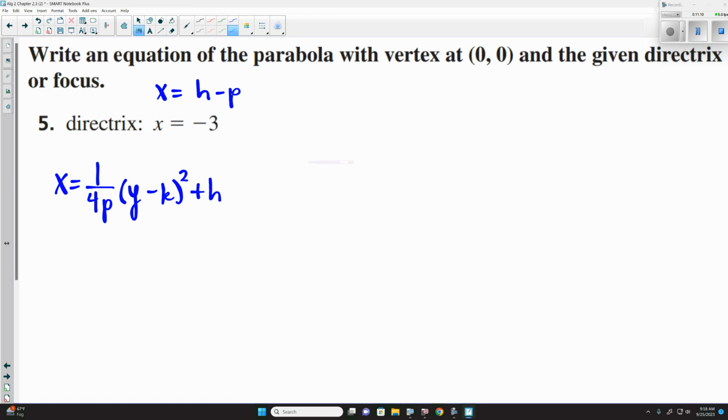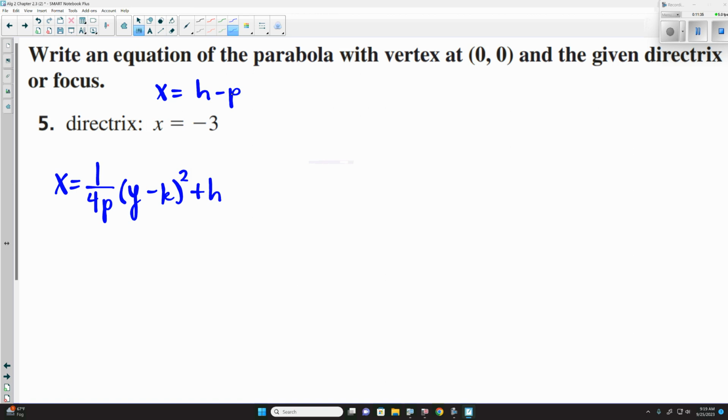Now, what are the values of h and k? Was it told to us? Look at the instructions. Write the equation of a parabola with vertex at 0, 0.